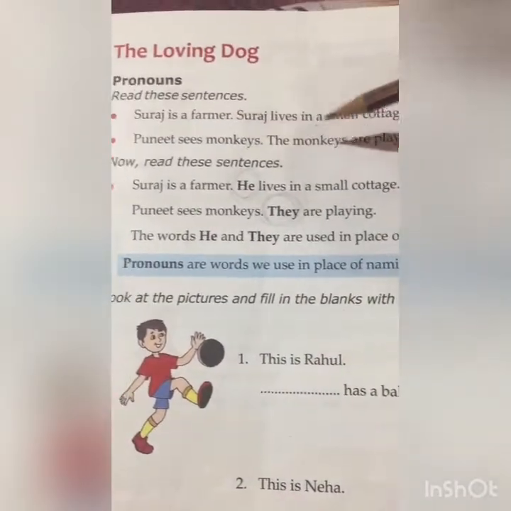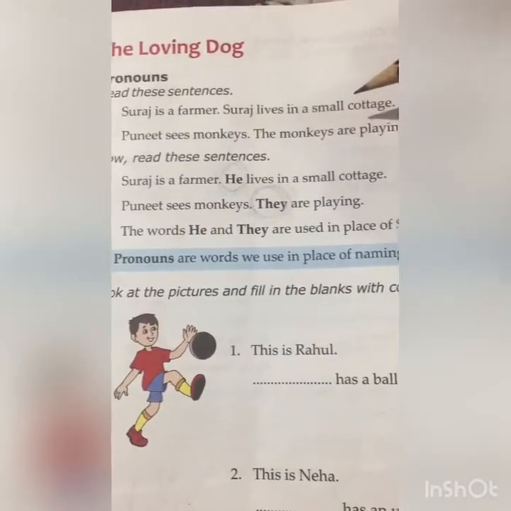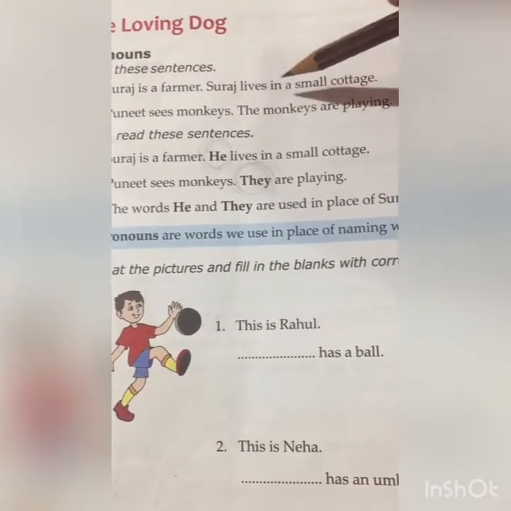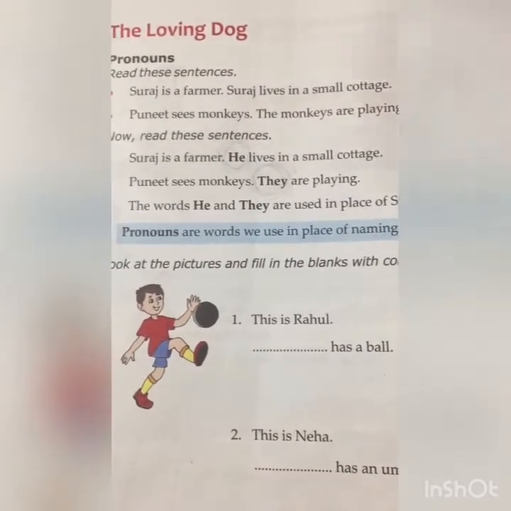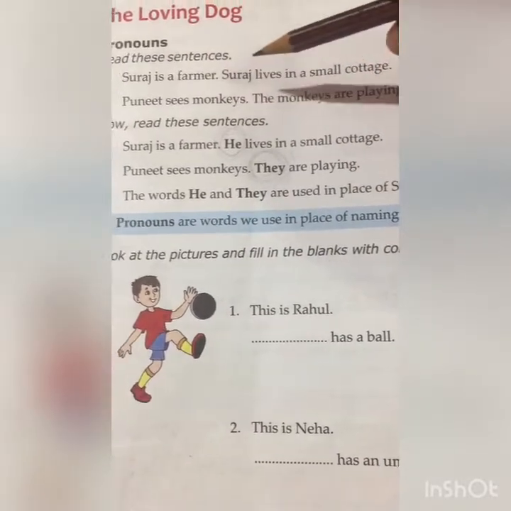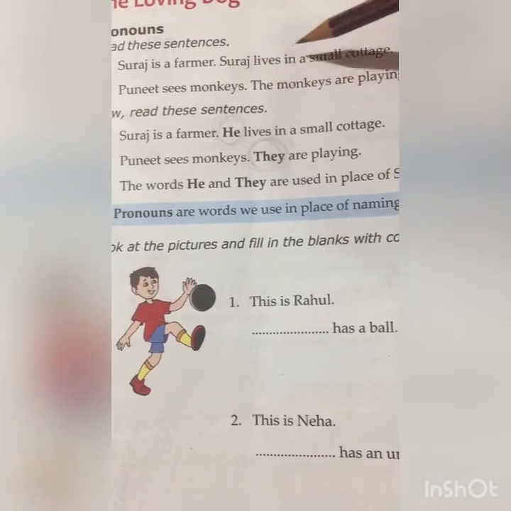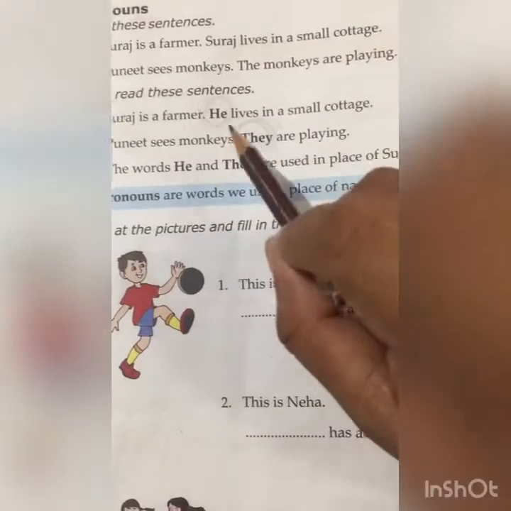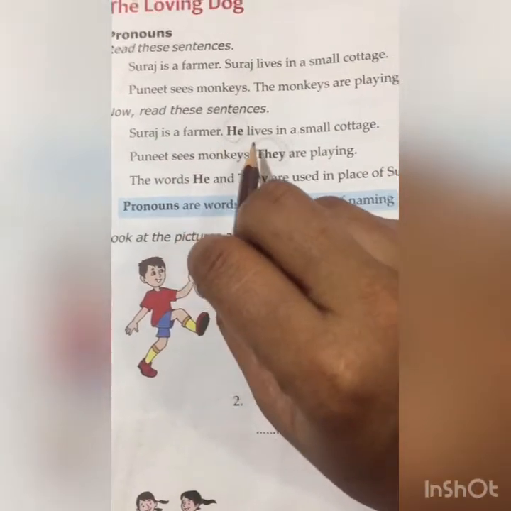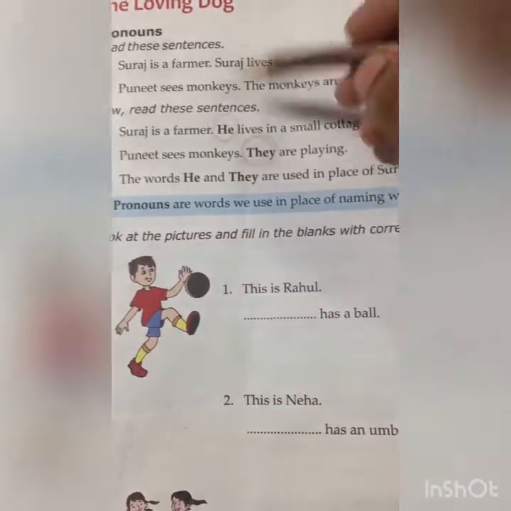Here we have read two sentences. Which are they? Suraj is a farmer. Suraj lives in a small cottage. Who is Suraj? Suraj is a farmer. And where does Suraj live? Suraj lives in a small cottage. And now here, Suraj is a farmer. He lives in a small cottage.